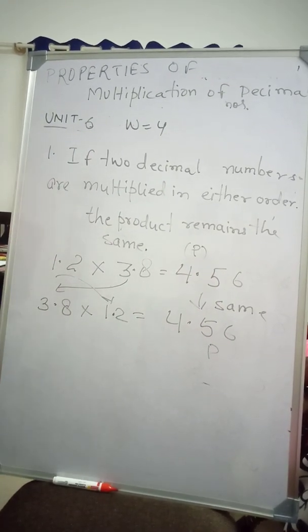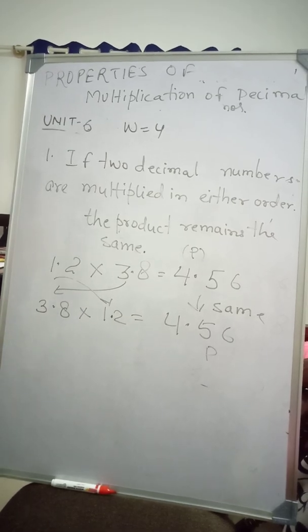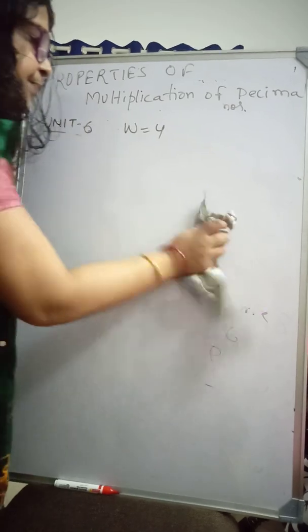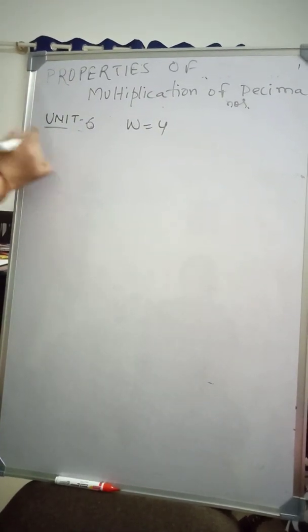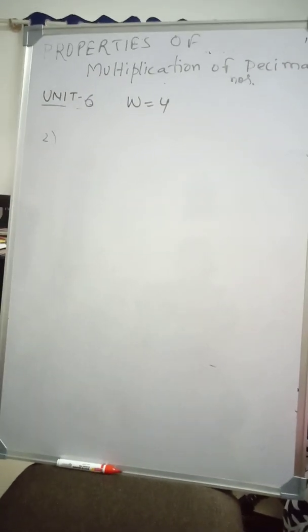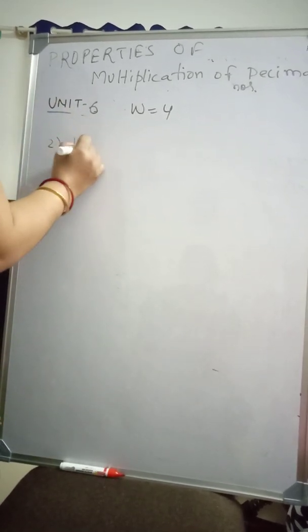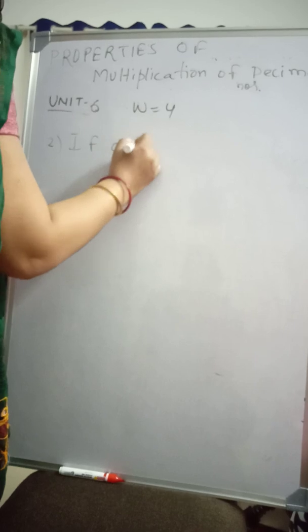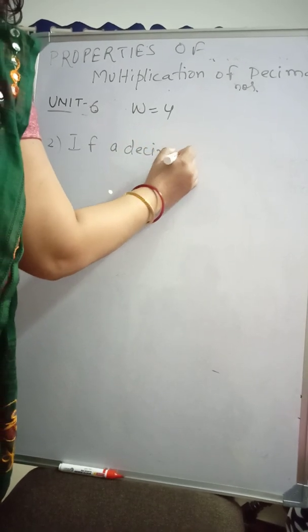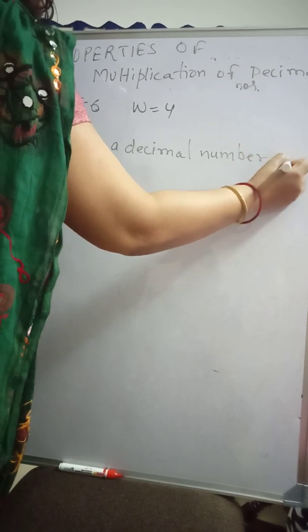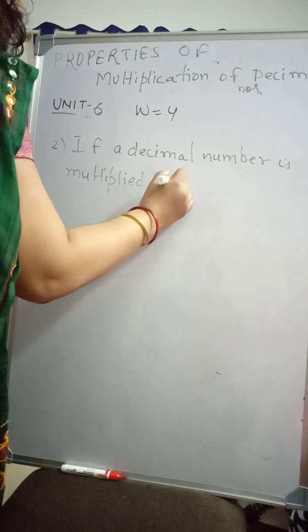Come to the second property. Property number 2. The multiplication of a decimal number by 1. If a decimal number is multiplied by 1, then what happened?